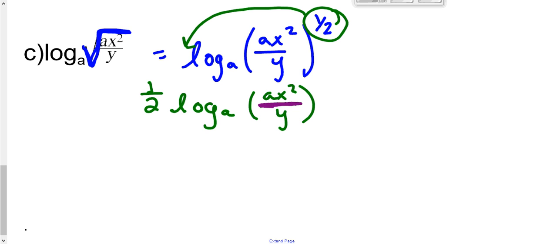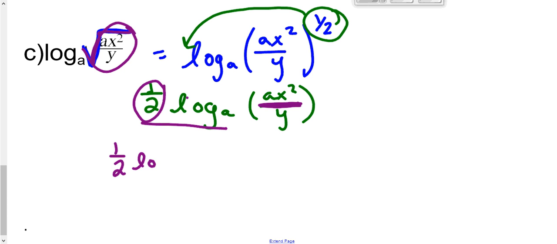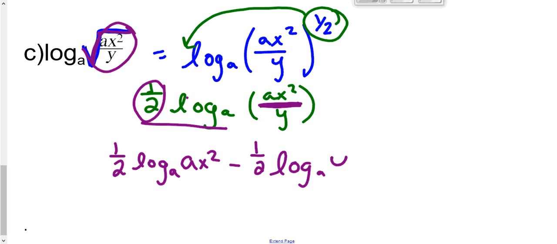Then we have a division. So we can write this. Be careful because everything will now get the 1/2 because remember the square root was on everything. So every logarithm that I write has to have a 1/2. So this will be 1/2 log base a of ax squared minus 1/2 log base a of y. We can continue to simplify.